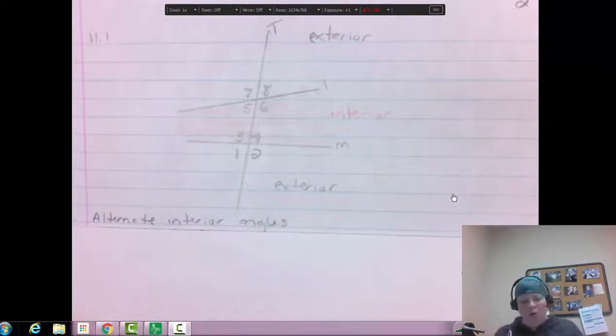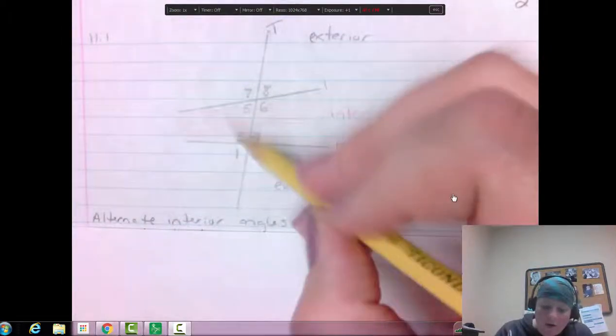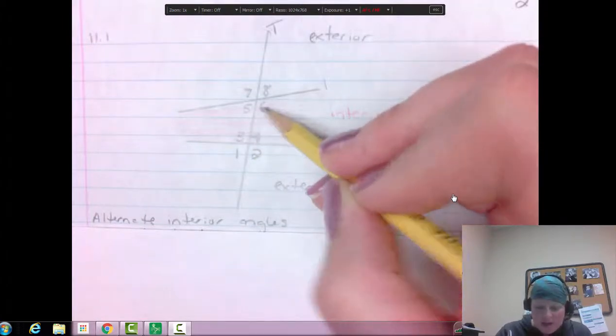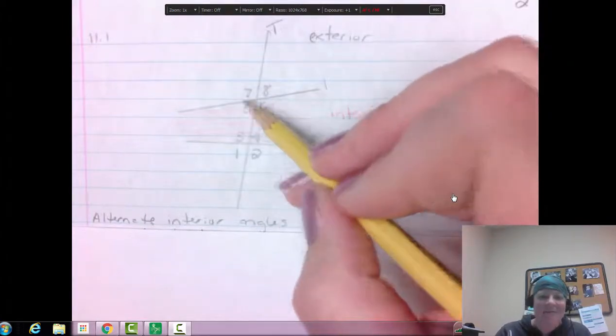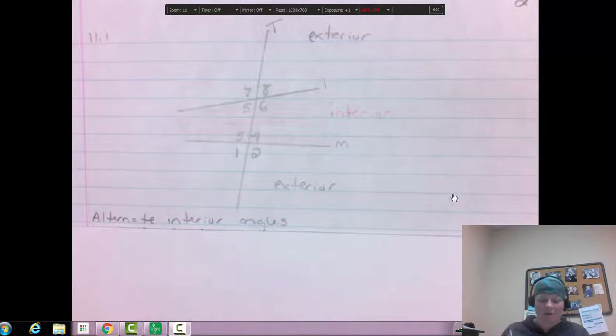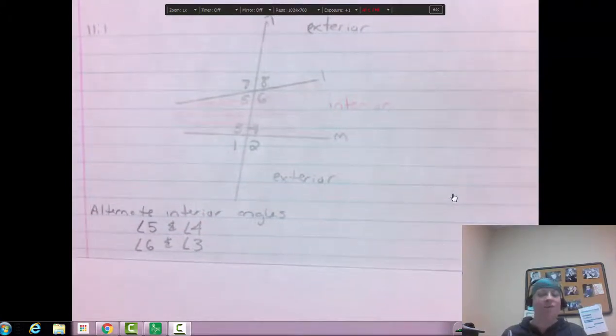The first one is alternate interior. It's just like you hear. Interior means all inside. Alternate interior angles are on opposite sides of the transversal. So 3 and 6 and 5 and 4 are two separate pairs of alternate interior angles, and those are our only two sets: 5 and 4, and 6 and 3.